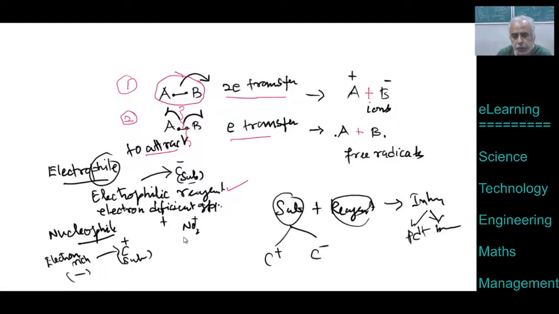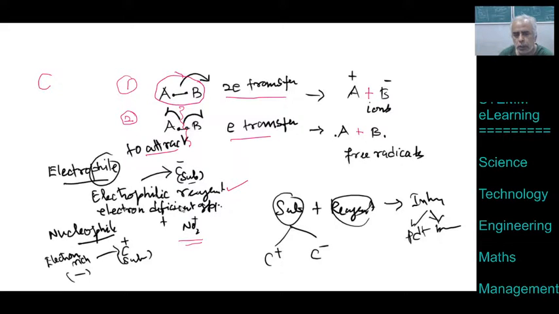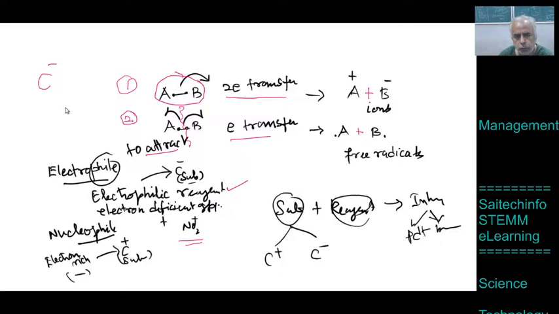When nitronium ion, being an electrophile, attacks the carbanion, it goes in search of negative charge. So carbanion, C minus, and that reaction is called an electrophilic reaction. If it is a substitution, it's called electrophilic substitution.